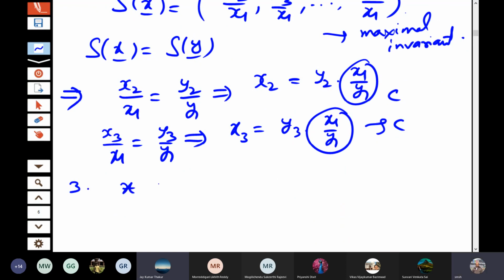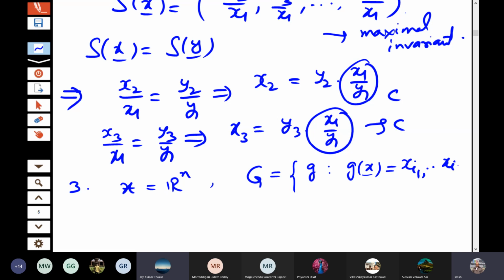If I consider, say, n-dimensional Euclidean space, and G is the group of all the permutations, X is giving a permutation xi1, xi2, xin, for all i1, i2, in belonging to 1 to n, all permutations.